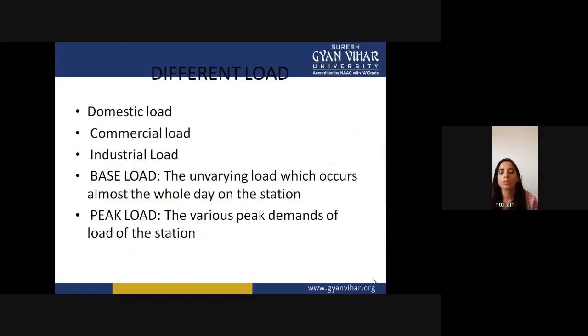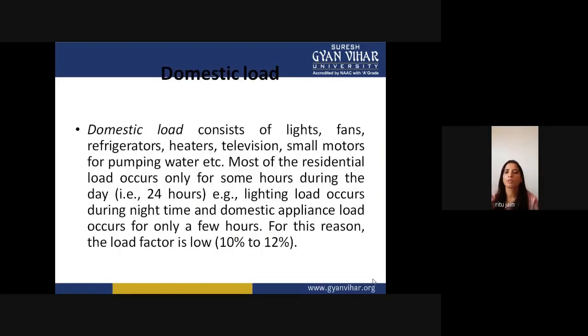Now there are some different loads, which may be domestic load, commercial load, industrial load, base load, and peak load. We have already discussed base and peak load. So what is domestic load? Everyone knows: light, fan, refrigerator, heaters, television, small motors for pumping water.